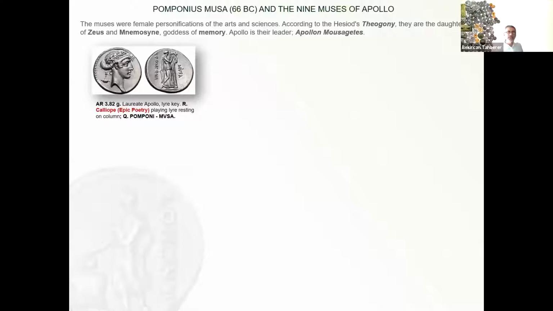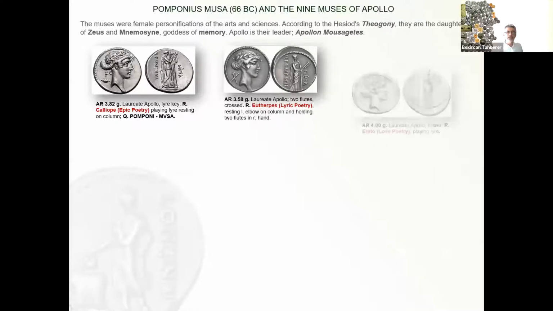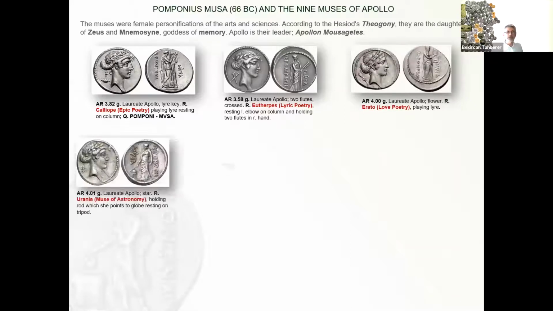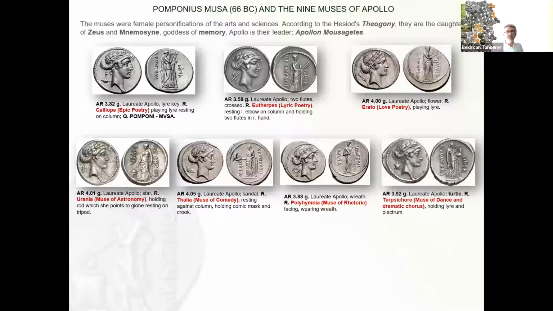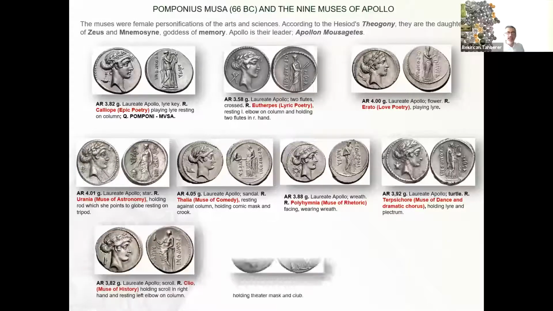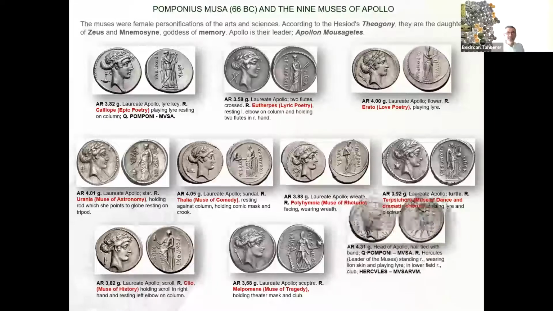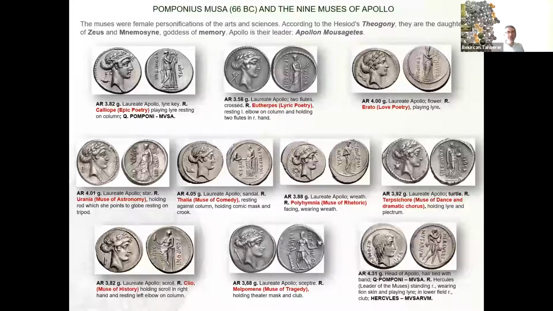I think this series is my favorite in the Roman Republican period. Pomponius Musa decided to use the 9 muses of Apollo, a pun on his name, of course.